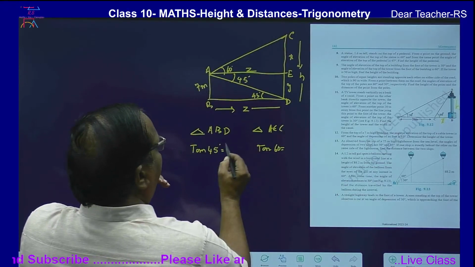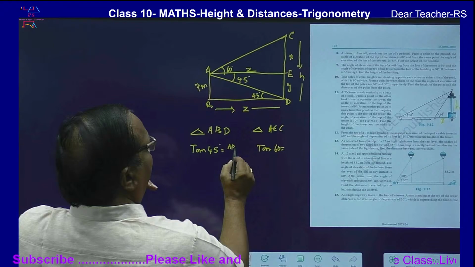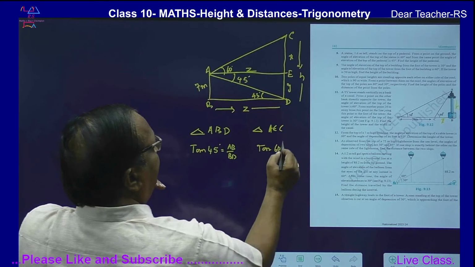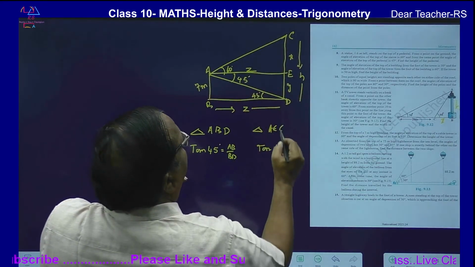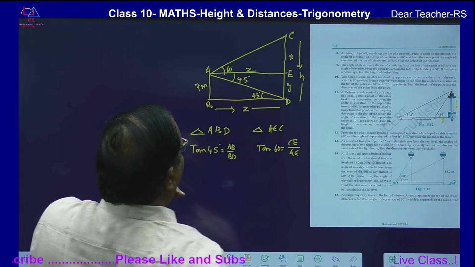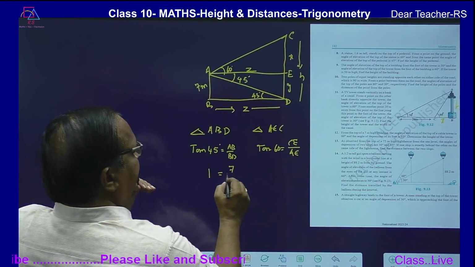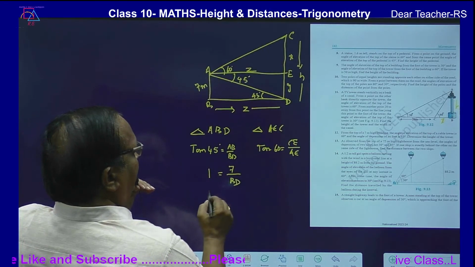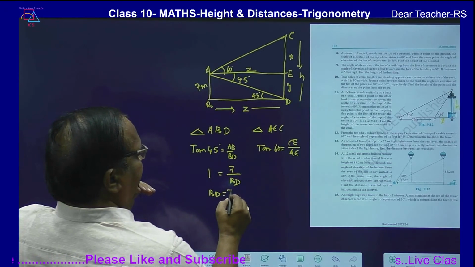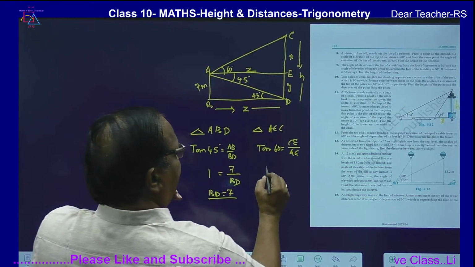Okay. So tan 45, AB by BD. And here CE by AE. So tan 45 is 1. 1 is equal to AB is 7 meters and BD is also equal to 7 meters. Okay. And tan 60 is root 3.